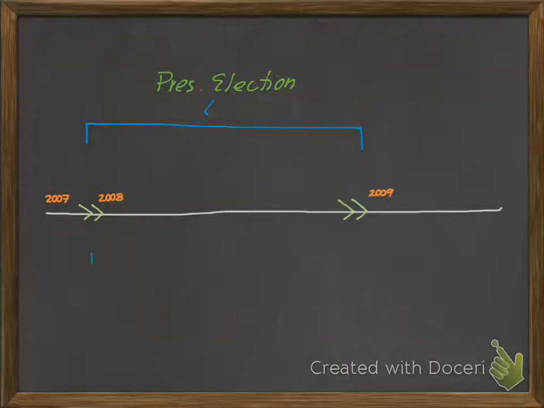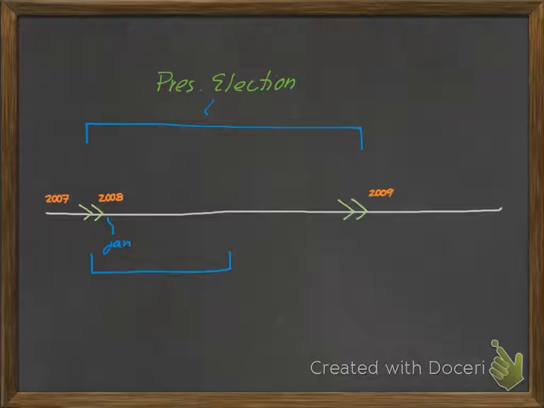The primary season, we can use a bracket to show you when it takes place. Starting in January, the first states hold their primary elections. Each state determines when its primary is going to be held.